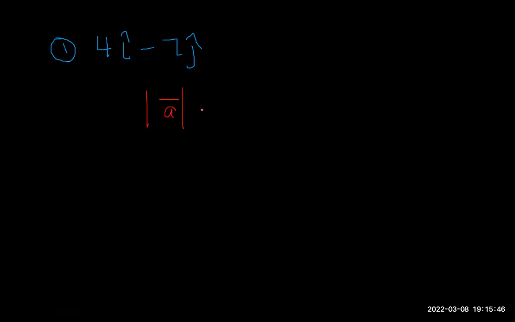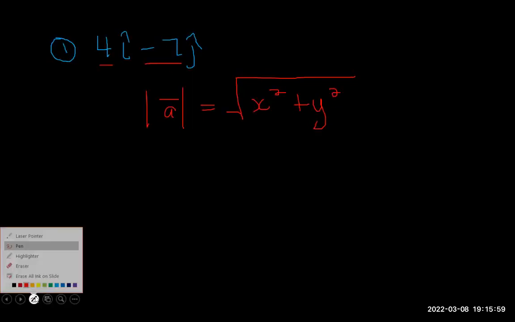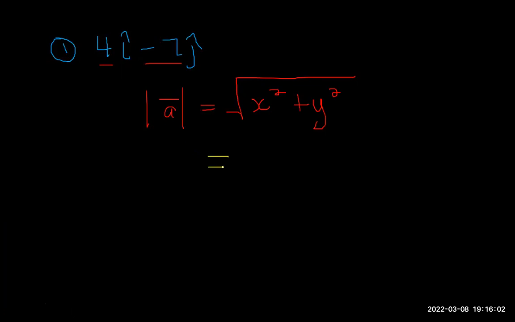So I'll say the magnitude of vector A would be equal to the square root of x squared plus y squared. x would be this number, y would be this number. So what I would write is the square root of 4 squared plus, y is minus 7, so that I don't mix up the signs I will put this in brackets, (minus 7) squared.